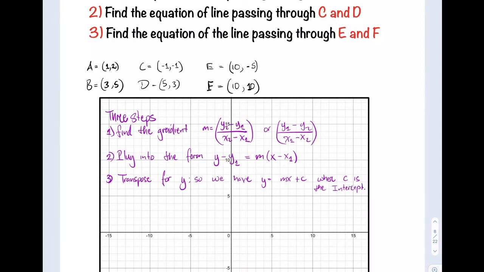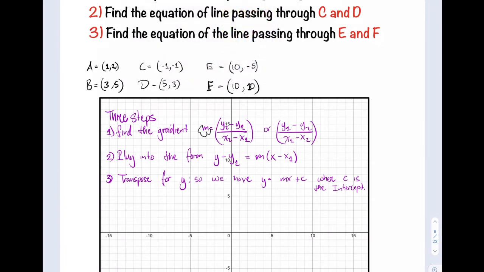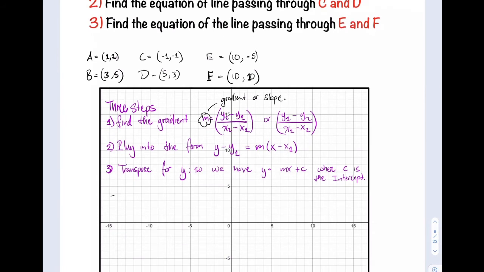Note that another name for the gradient is slope, so here m is referred to as the gradient or slope of the line. So in these three steps, we can find the equation of any line. Nice, so let's jump into finding the equation of AB.